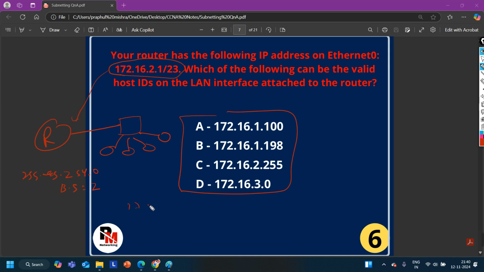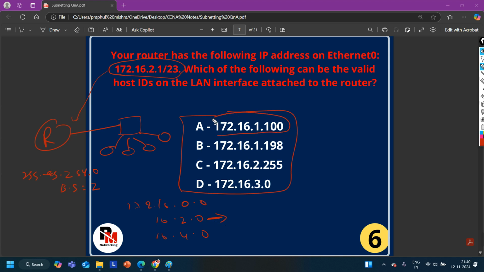My first subnet is going to be 172.16.0.0, second subnet 16.2.0, third subnet 16.4.0. Now tell me, this IP address belongs to which subnet? This IP address belongs to this subnet, 2.1, the first valid IP address of the second subnet.